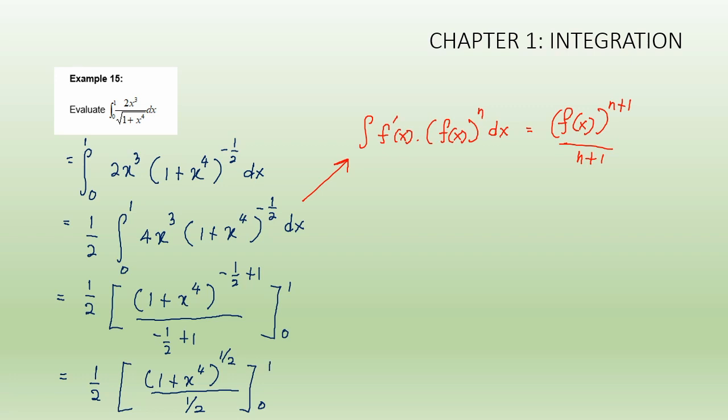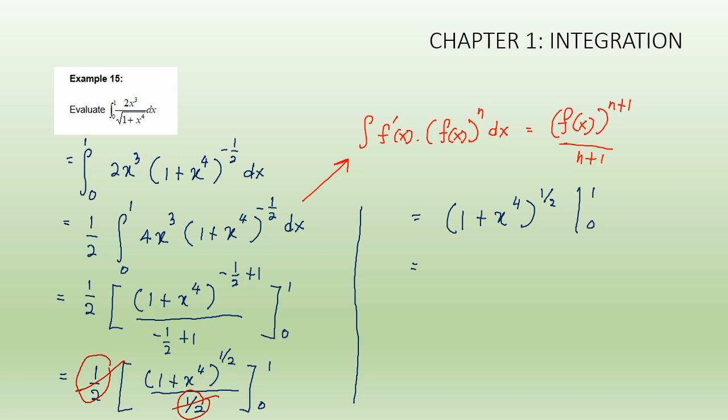Since this 2 is a constant, I can cancel out 1 over 2, and we are left with 1 plus x power of 4 to the power of 1 over 2, from 0 to 1.